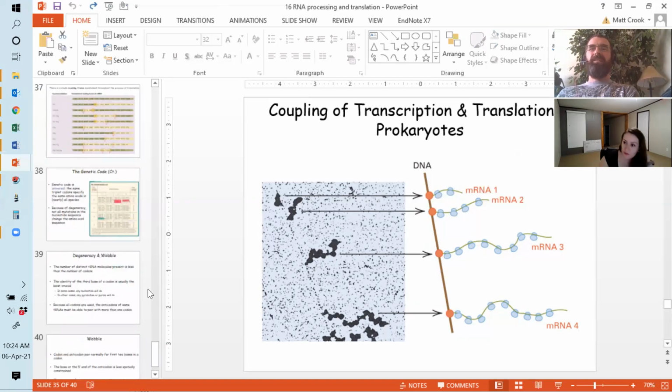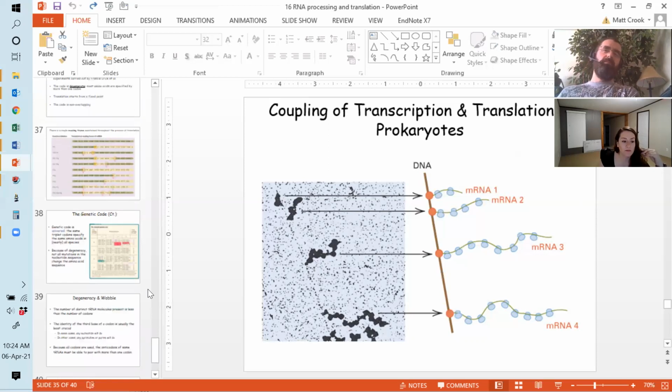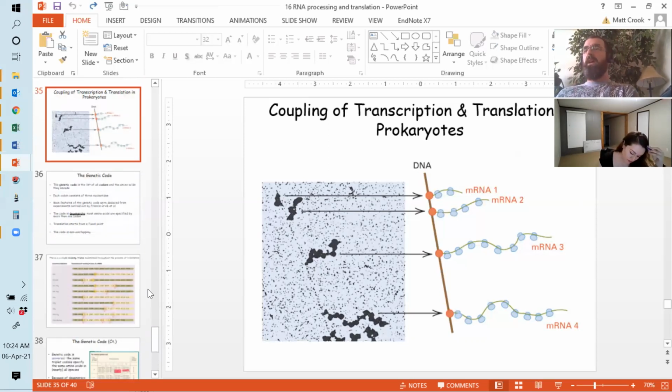Okay, and so last couple of things I want to cover, and hopefully there'll be time for questions at the end if you have any, is essentially the genetic code. So like the molecular Rosetta Stone that allows that information in the DNA and then mRNA to get translated into a polypeptide sequence.